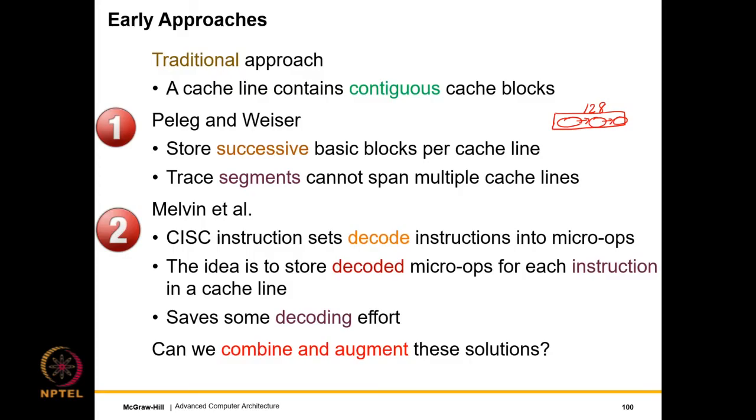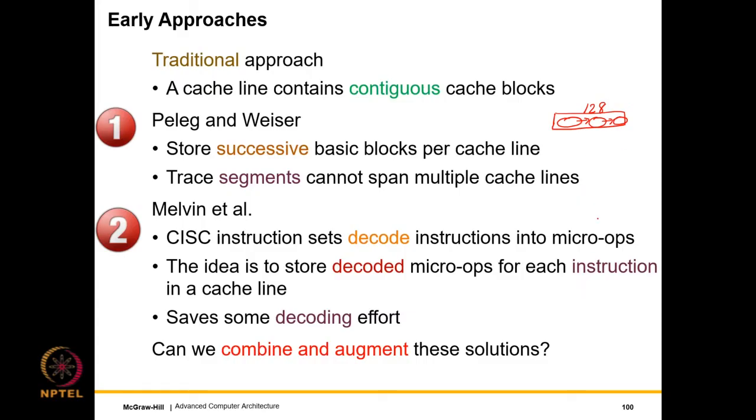Melvin et al. proposed a different idea, where, as we have seen with CISC instructions, we decode them into micro-ops. The idea is to store decoded micro-ops for each instruction in a cache line.